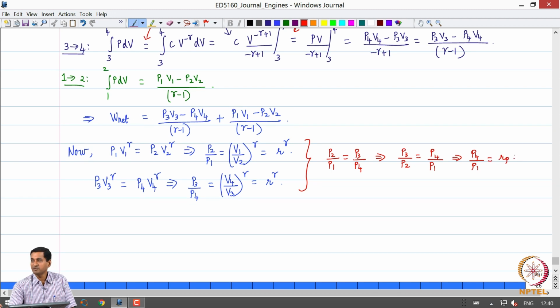So, you see that P4 by P1 is also Rp, the pressure ratio, okay. And another equation which we are going to use here is the following. If we take P3 by P1, we are going to need all these pressure ratios shortly, I can rewrite it as P3 by P2 times P2 by P1. Okay. What is P3 by P2?